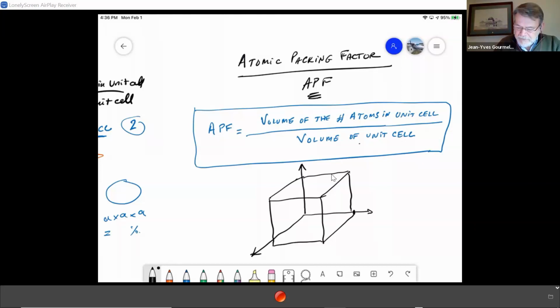Okay, let's calculate the APF here. So we have a cube, and you remember the name of that A dimension is called the lattice parameter. Lattice parameter is A, the size of the cube.